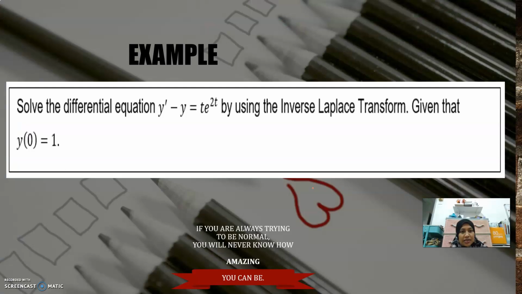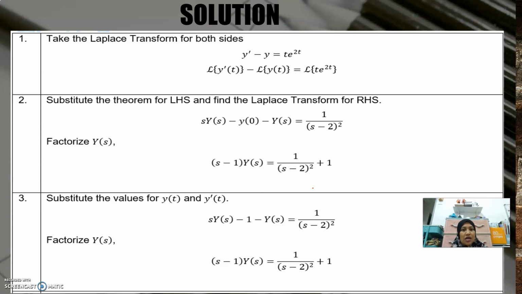So now let's take a look at this example, how to solve. For y prime, we substitute the value as sY(s) minus y(0), minus Y(s) in this equation.